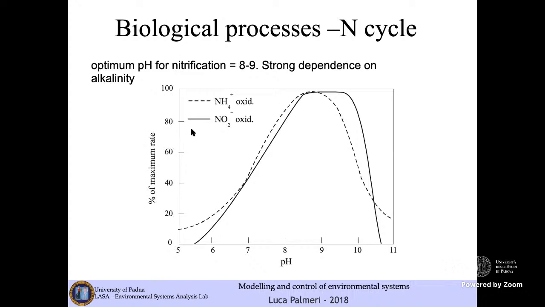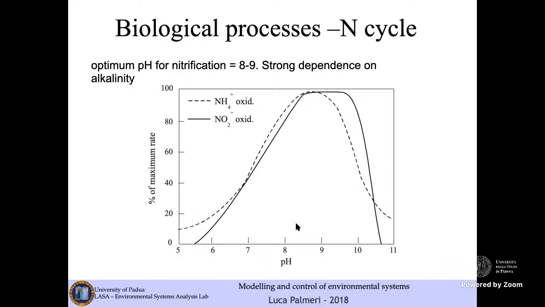you reach almost the maximum percent of the rate, the maximum percent rates of transformation. So when you want to control and evaluate the effect of nitrification, it is important also to control the pH.